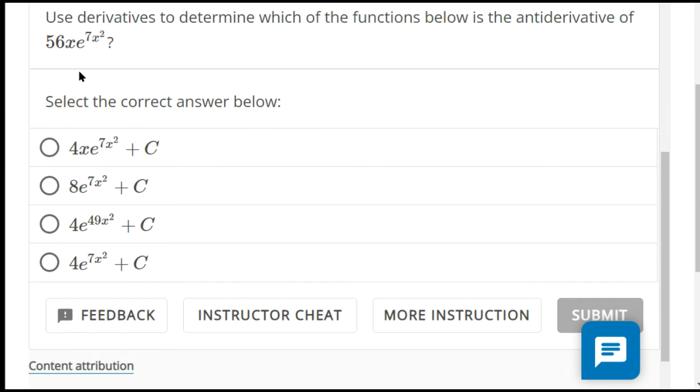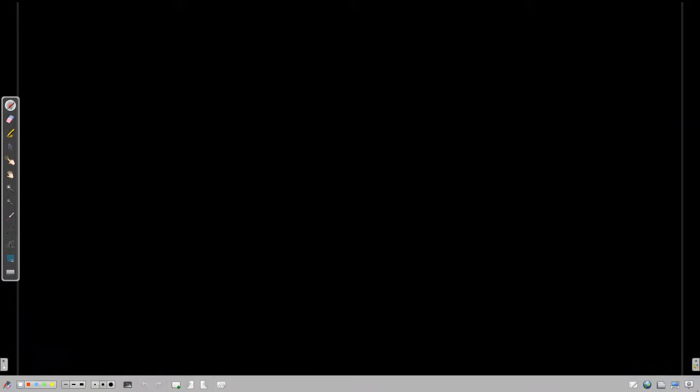If any of them wind up being this, then that was the antiderivative. That's kind of a hard antiderivative to think of, so I guess I really am stuck here having to take derivatives of each of these.